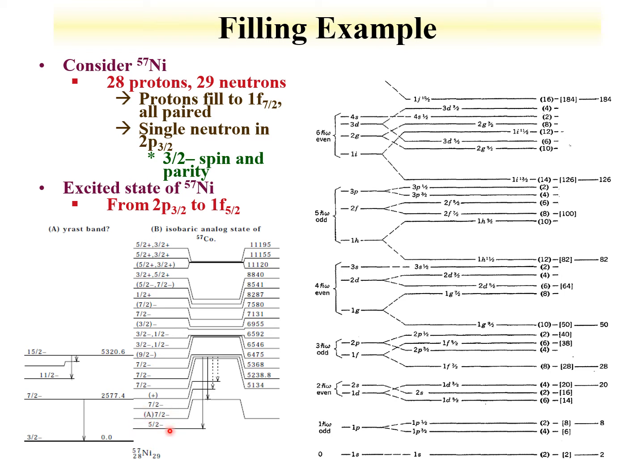So F being negative, 5/2 state. So this also seems to correlate with the shell model. Nickel-57 has 28 protons, by the way, a magic number. So nickel-57 is fundamentally one off from being a double magic nucleus.